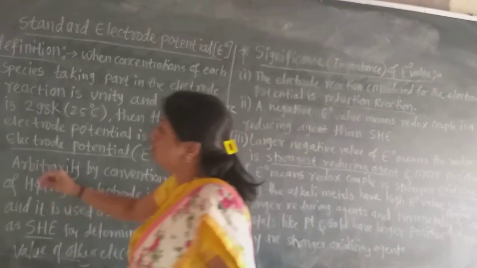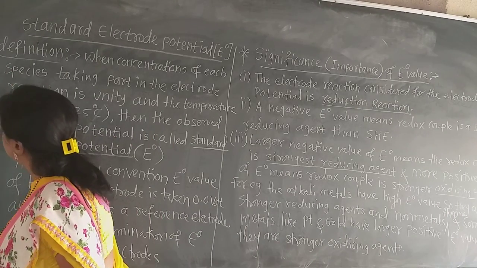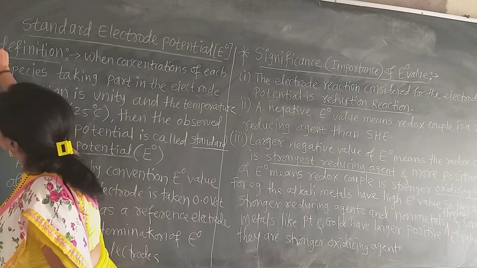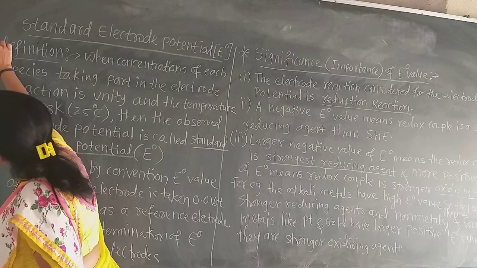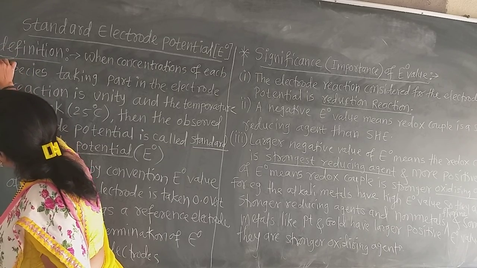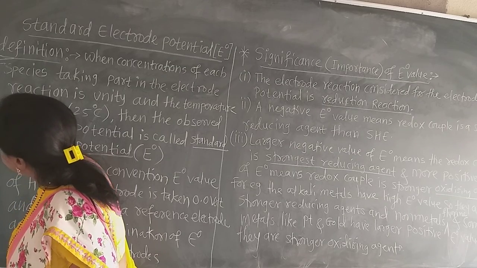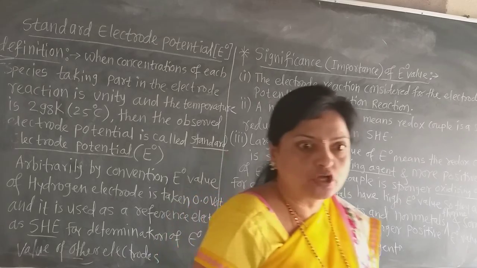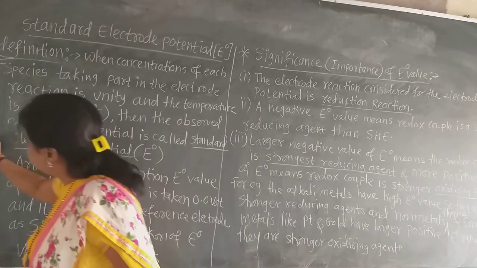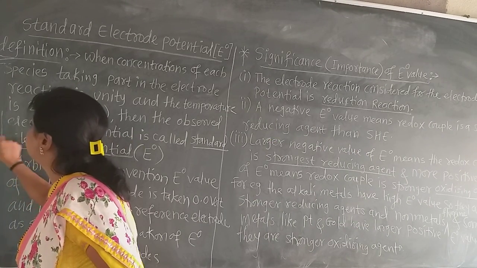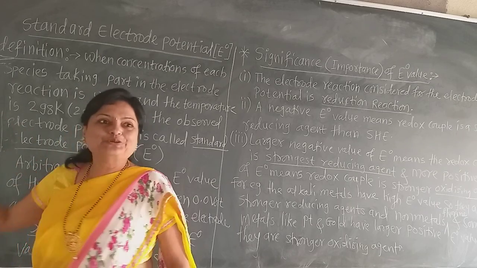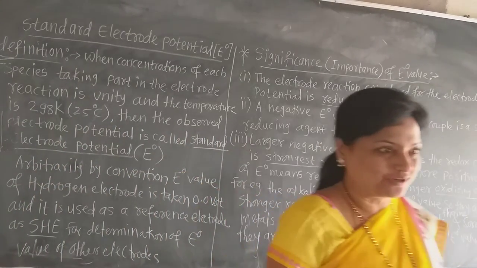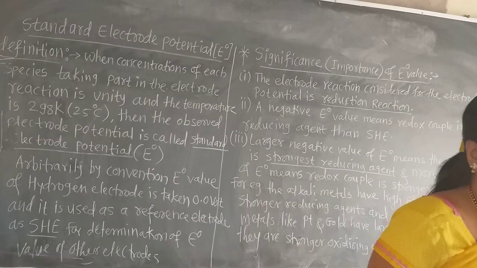Because we bombard the hydrogen gas through this jacket onto this platinum black, the hydrogen gas gets adsorbed on it, and that is dipped into the H plus ion solution. Now this is the standard hydrogen electrode. In this way the gas electrodes are prepared.